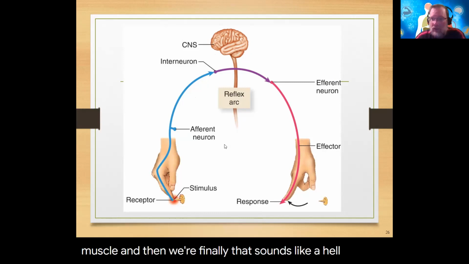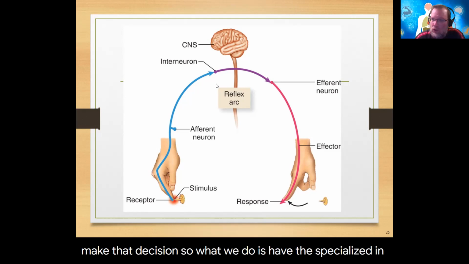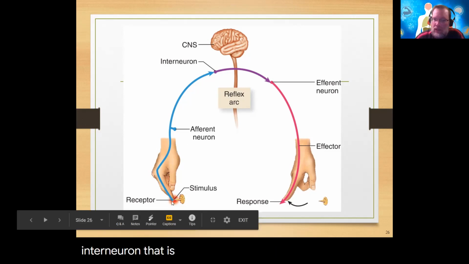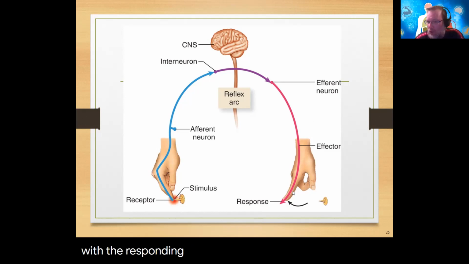That sounds like a hell of a lot of activity to go through just to touch a thumbtack and remove it. So we don't always need to involve the brain to make that decision. What we do is have this specialized interneuron that is going to connect the sensory pathway with the responding motor pathway.